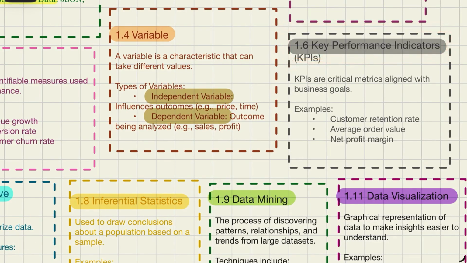All right, and then we have KPIs. KPIs are a very important term to understand according to the business goals. When you're working for a firm, they measure their performance using KPIs. KPIs stand for key performance indicators, right? So they are the most critical metrics.